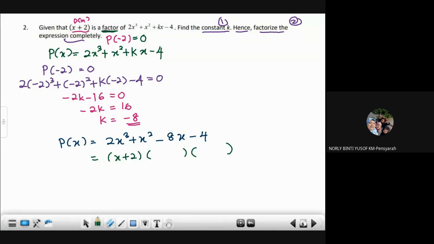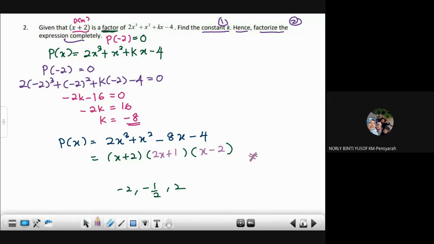Nanti dapat dekat calculator, you dapat negatif 2, negatif 1/2, 2. So nanti ini dah dapat lah yang you dah memang dah diberi dalam soalan kan, x plus 2. So kalau negatif setengah, you pun tukar jadi 2x tambah 1. Kalau 2, x tolak 2.